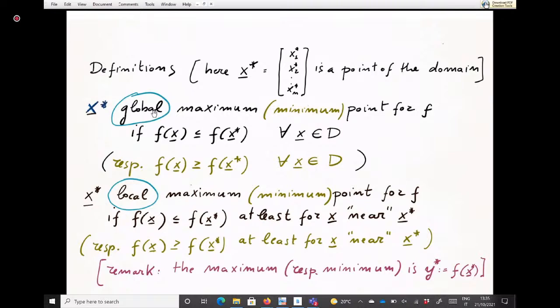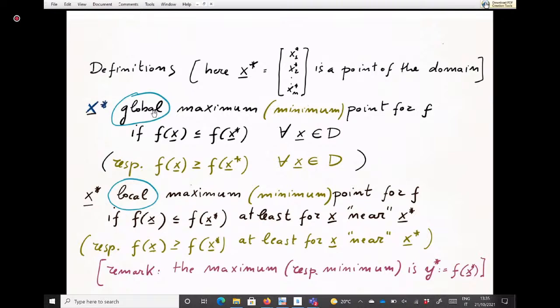Remember the example of that quadratic form, positive semi-definite. There is a full line in the plane, so a full line of points in the domain, where the function reaches its minimum, which is 0. So the minimum is 0, but the minimum points are infinitely many. Is that clear? Because there is a full line of points in the domain, but the minimum, based on the definition, is unique because it is a value of the function, which is 0 in this example.